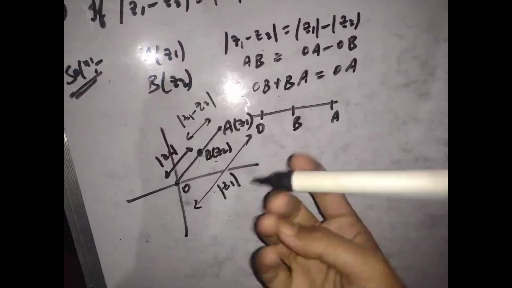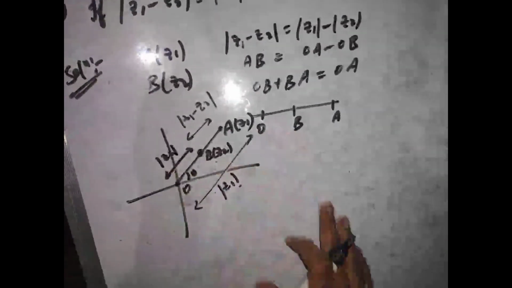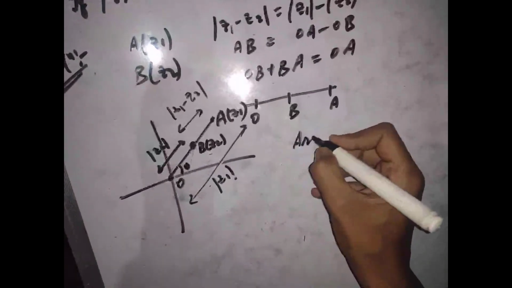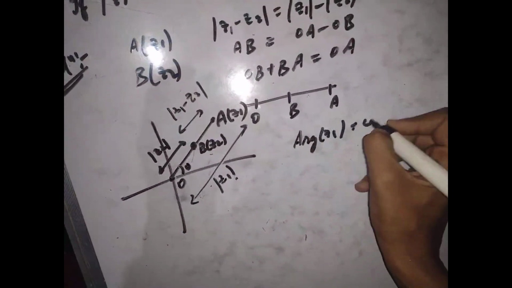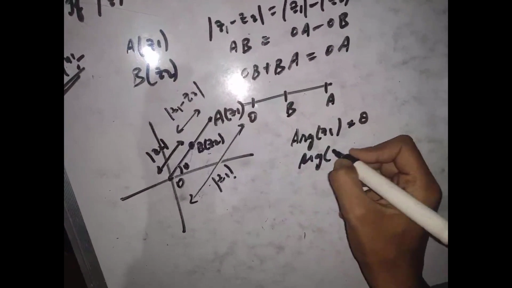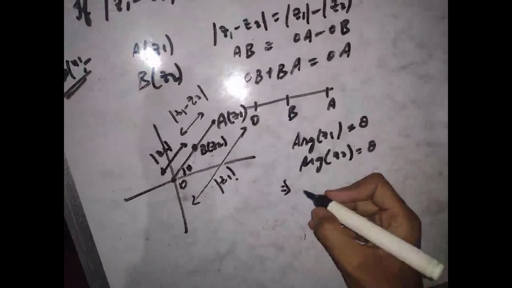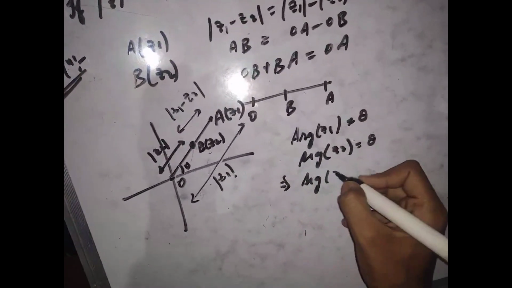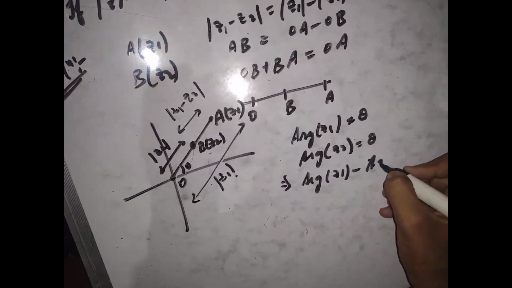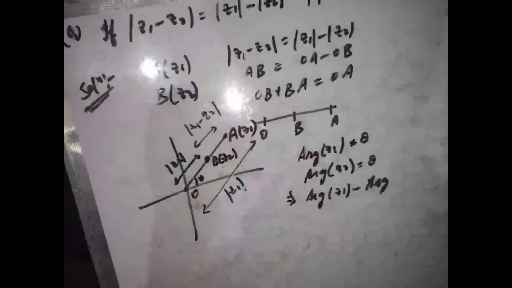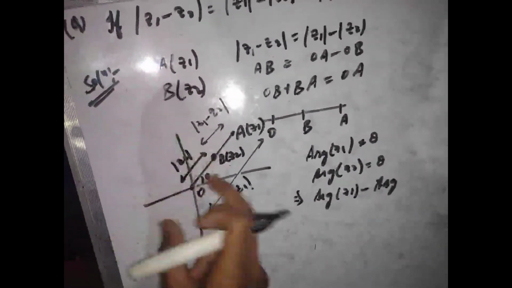From geometry we can say that argument of Z1 and Z2 is same, so we can write that argument of Z1 is theta, argument of Z2 is again theta. This implies that difference of argument is 0 because points are collinear and they are in the first quadrant.